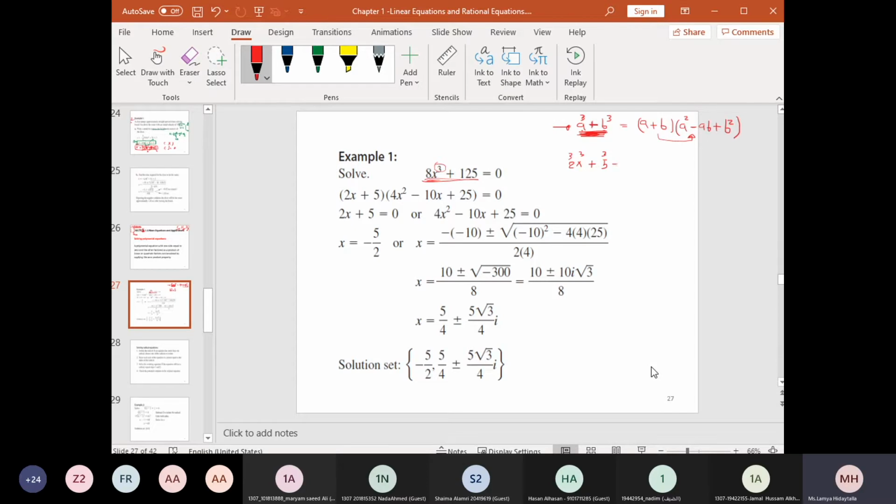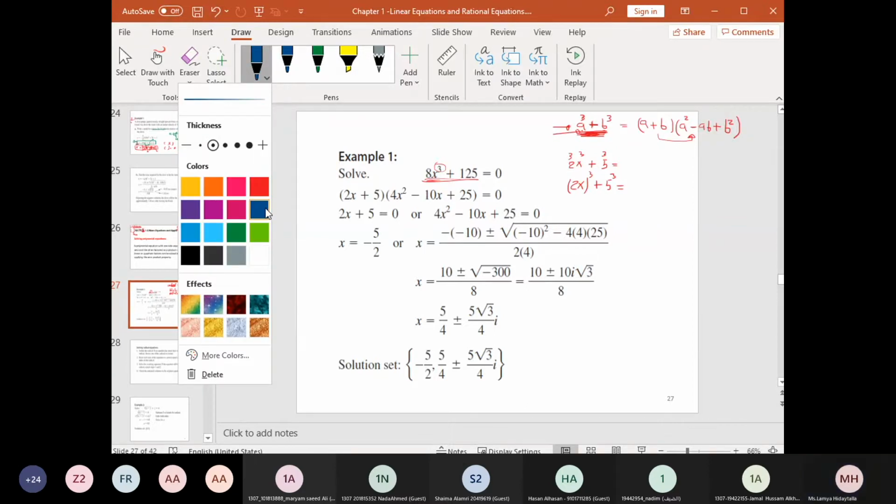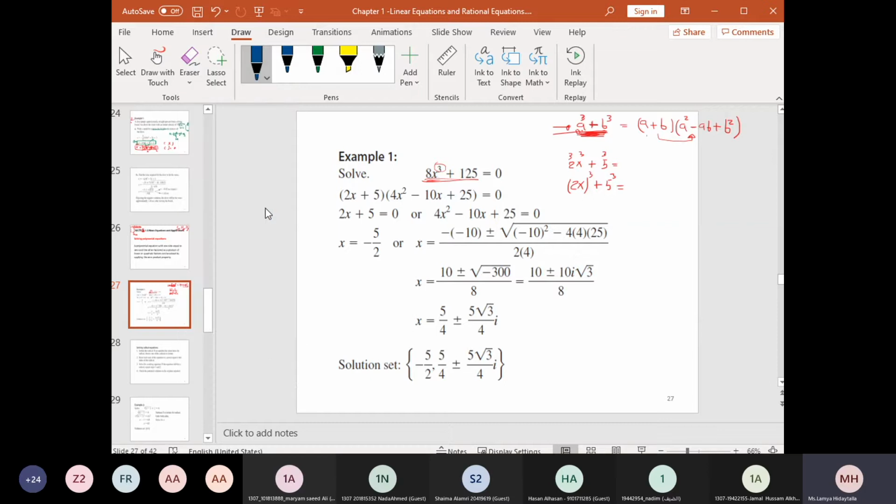So this is equal to (2x) the whole cube plus 5 cube. Now we can use this rule here: the first plus the second. So the first is 2x plus the second, which is 5.